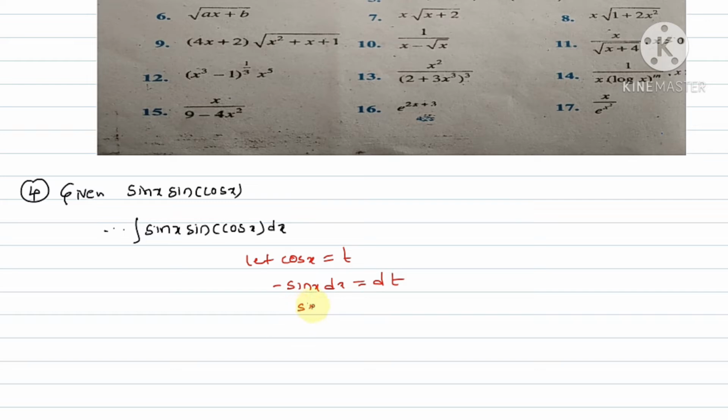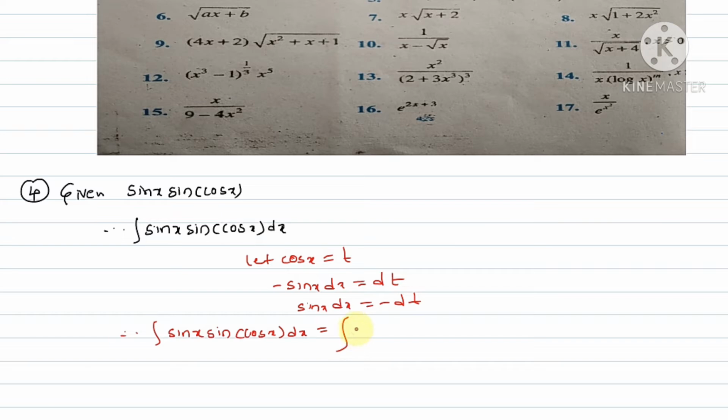But I want sin x dx, so I get minus dt. Then the integral of sin x into sin of cos x dx is equal to sin x dx, which is minus dt, and sin of cos x, which is sin t.